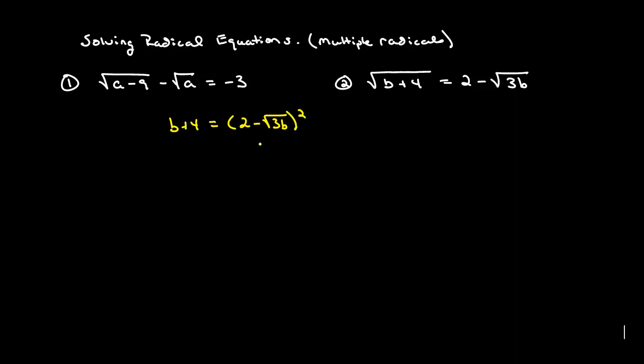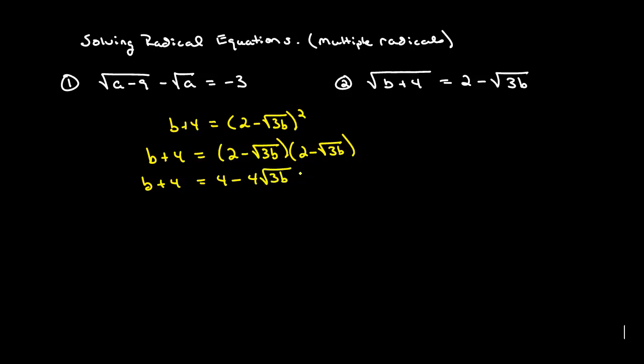So we got to FOIL this now. So this would be b plus 4 is equal to 2 minus the square root of 3b times 2 minus the square root of 3b. So this will be 4 minus 4 square roots of 3b plus 3b.